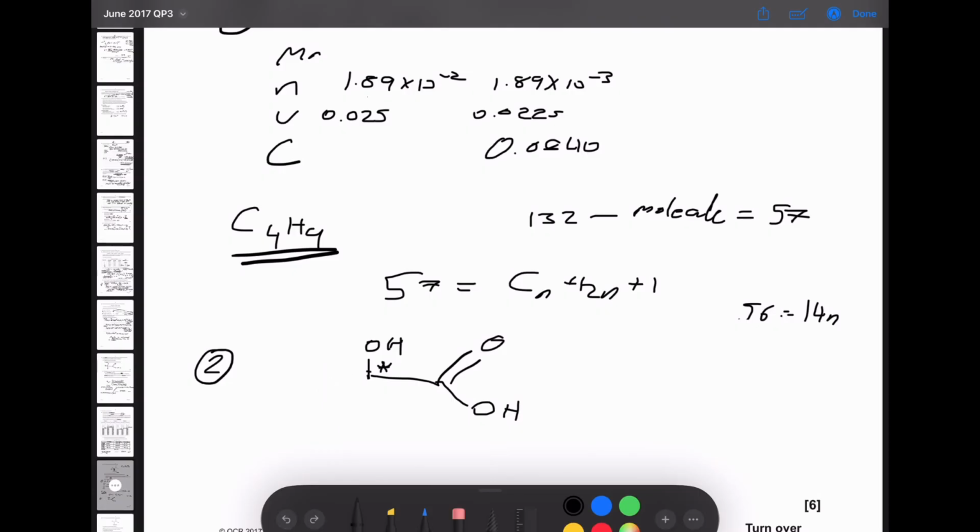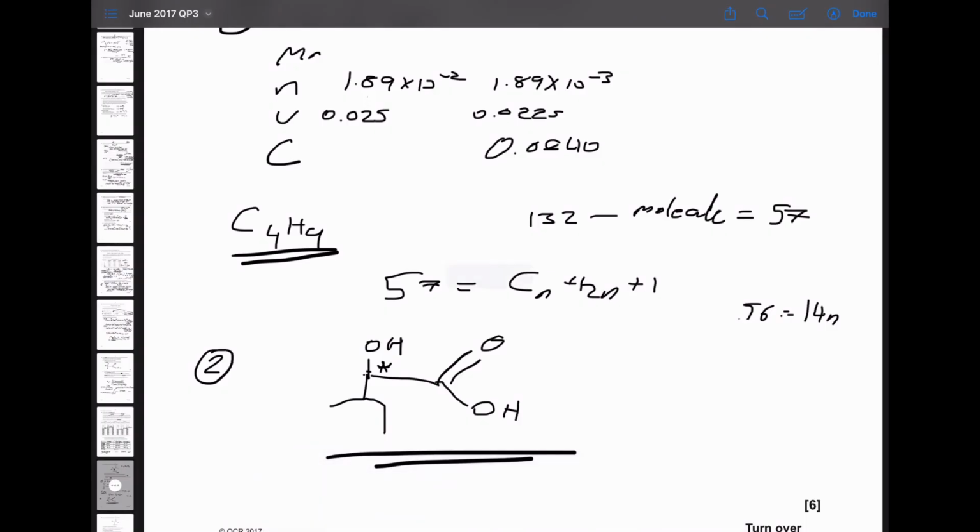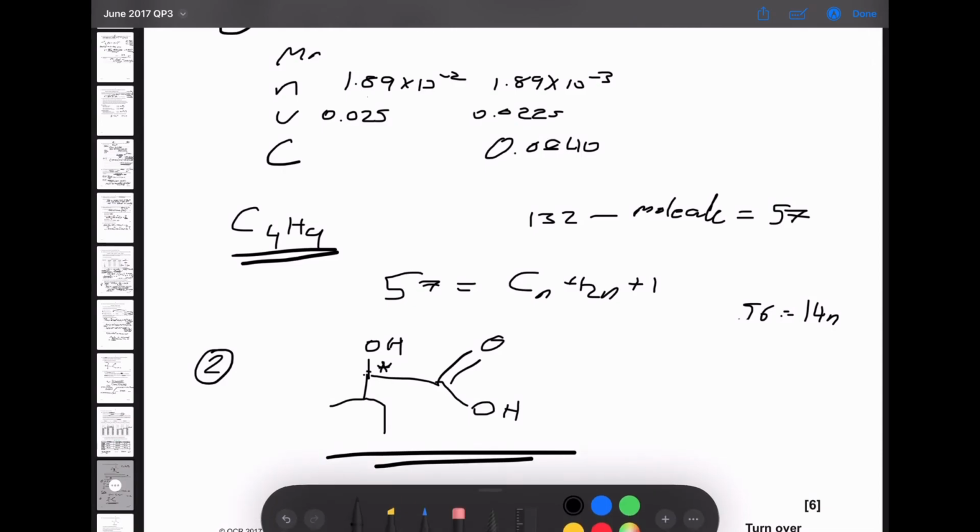So our only other choice is to go 1, 2, and then put 1, 2 on there, and then this methyl group is different to this ethyl group. There's a hydrogen in here which is different, and then you've got the whole rest of the molecule which is different. So that is our molecule of A. We didn't mark the chiral center with an asterisk.